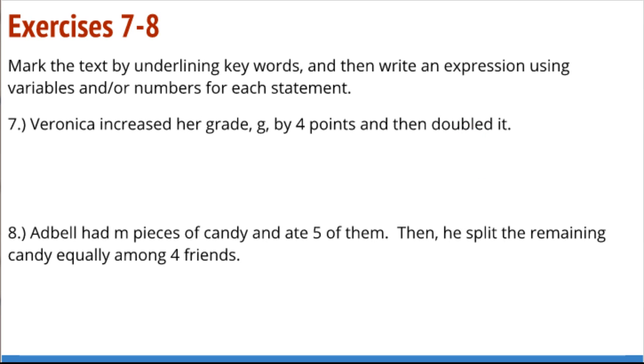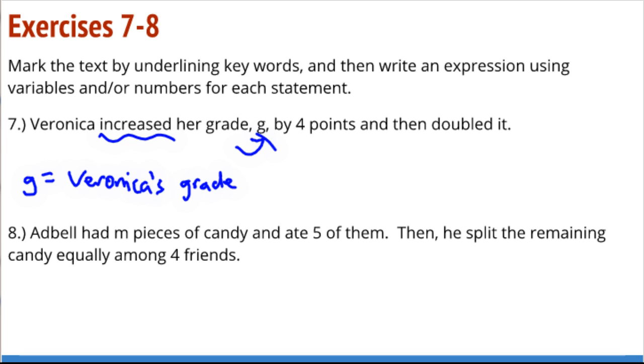All right, Veronica increased her grade. And they've given us a variable here. G is Veronica's grade. And she increased by 4 points. And after she had increased it by 4 points, then doubled it.